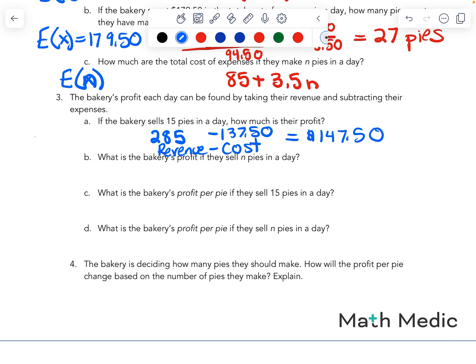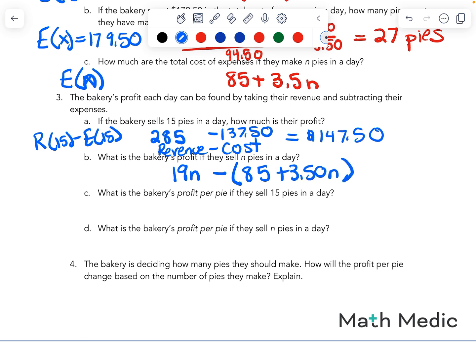So this was R of 15 minus our expense of 15 pies. If they sell N pies, this is our 19N minus our cost of 85 plus 3.5N, right? Because it's just the money coming in minus our expense.